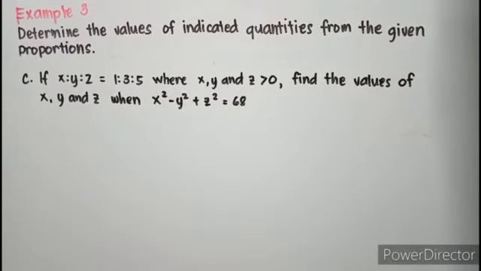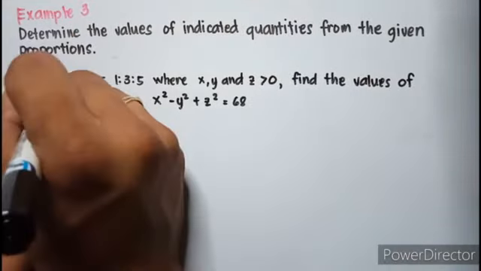Letter C. If x is to y is to z is equal to 1 is to 3 is to 5, where x, y, and z are greater than 0, find the values of x, y, and z when x squared minus y squared plus z squared is equal to 68. So let us solve.